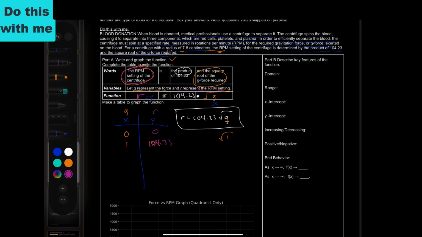Okay, let's pick some bigger numbers now. Let's say I put in 400. The square root of 400 is 20, and 20 times 104.23 is going to give me 2,085. Okay, you can just copy these numbers down. You can put that in your calculator, which I can show you.